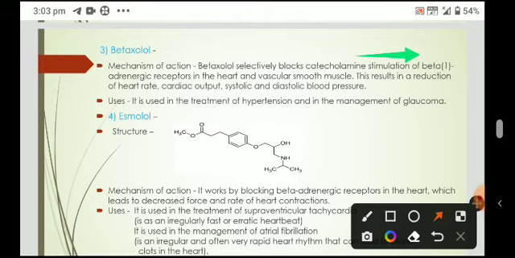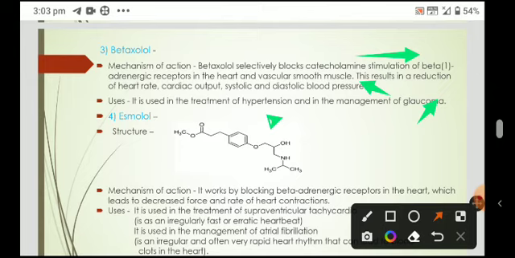Due to this, there is a reduction of heart rate, cardiac output, and systolic and diastolic blood pressure. Uses: it is used in the treatment of hypertension and management of glaucoma, that is the eye disorder.